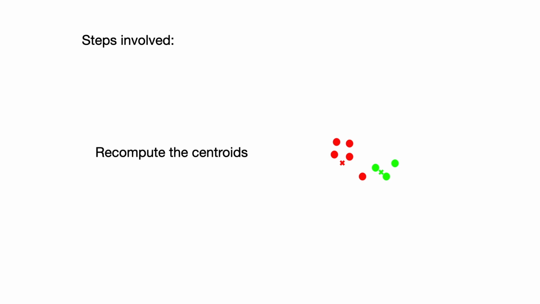Then after recomputing the centroids, you will repeat the steps of assigning and recomputing. After some point you will see there is no change, and then those will be your clusters. So here there are two clusters, the first one red and the other green.